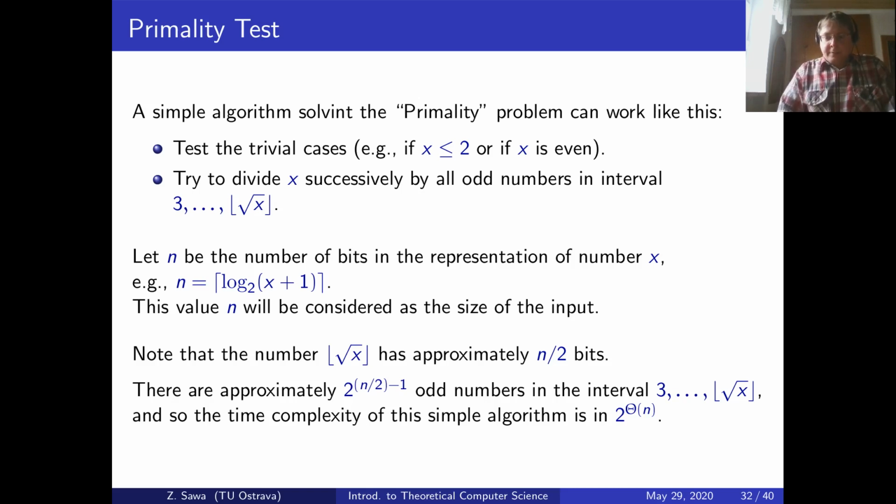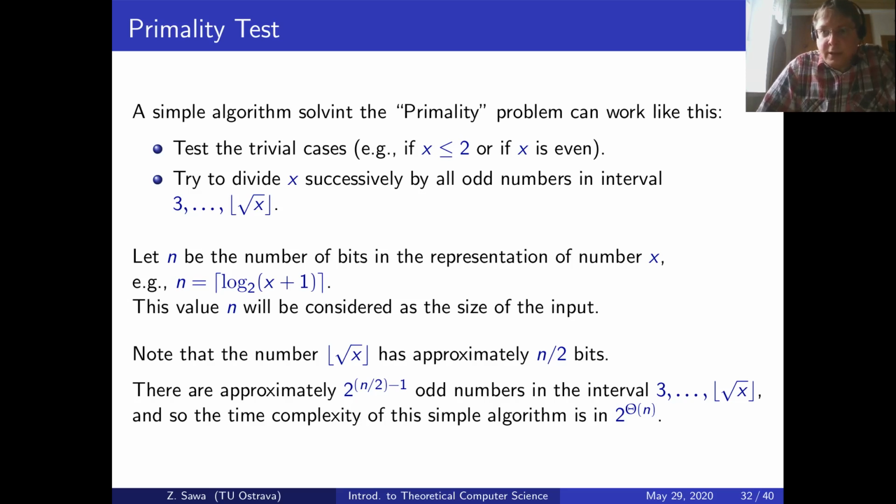If x could be expressed as a times b, where both of them are greater than 1, it cannot be the case that both of them are greater than the square root of x, because if I multiplied two numbers bigger than the square root of x, I would obtain a number greater than the square root of x squared, which is x.